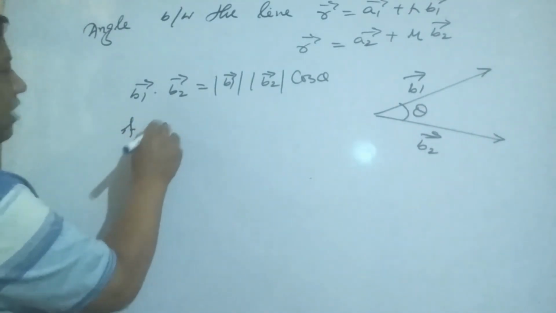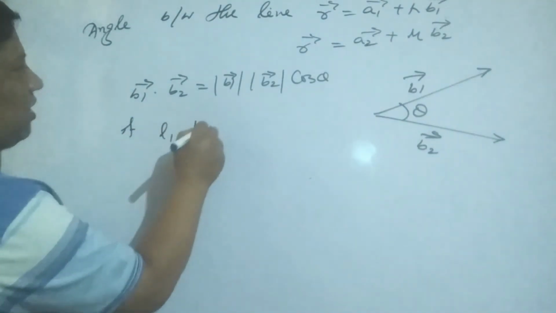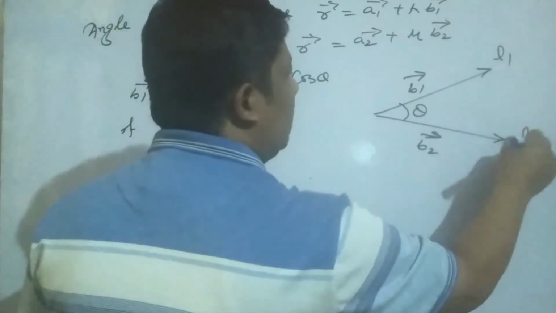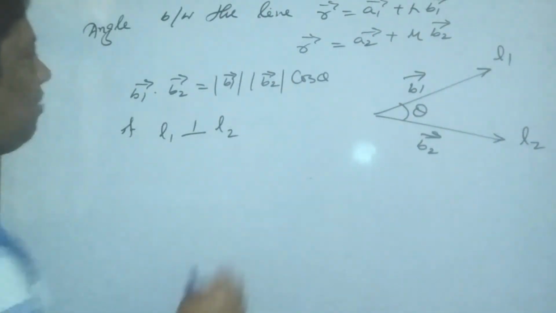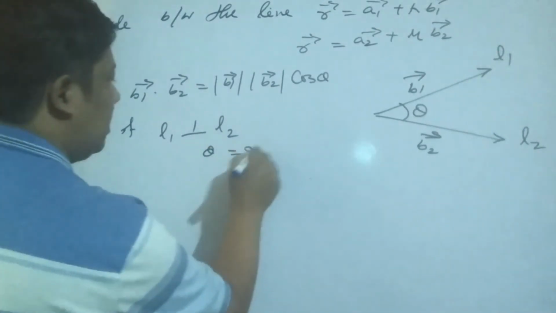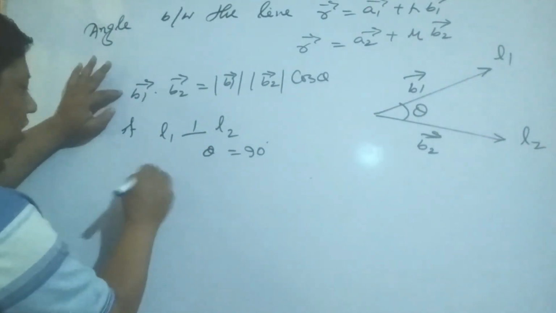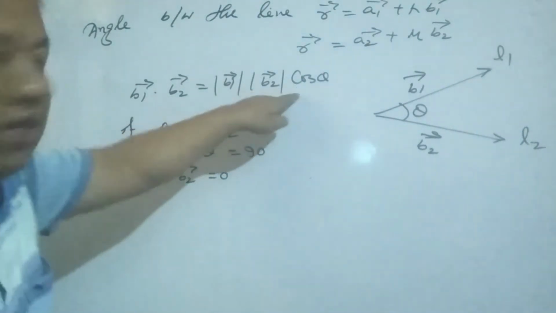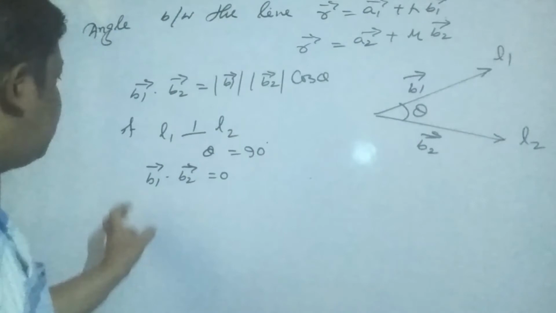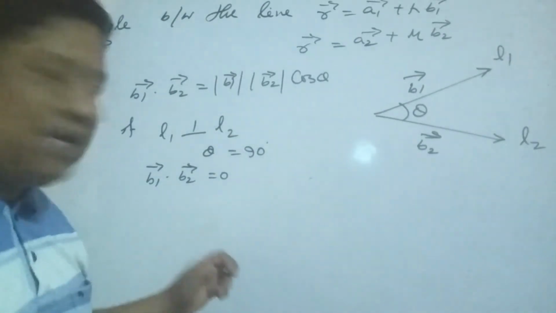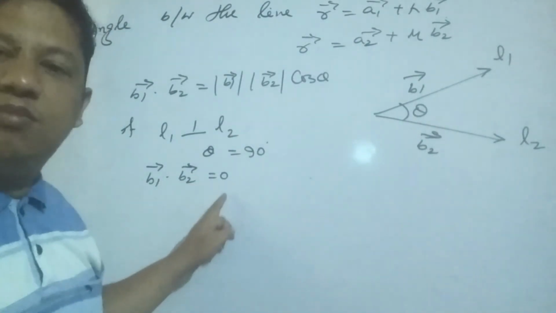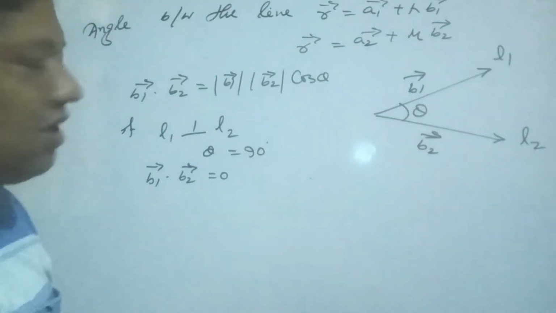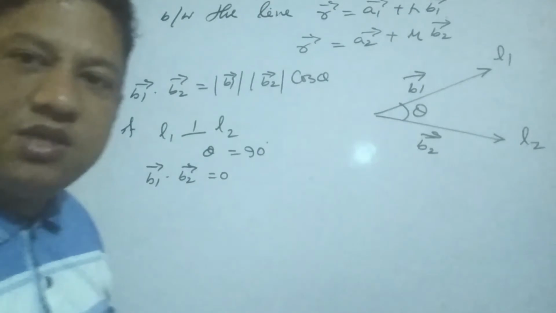If line 1 is perpendicular to line 2, then theta equal to 90 degrees. In these cases b1 dot b2 equal to how much? 0, because cos 90 equal to 0. That means if the 2 vectors or 2 lines are perpendicular, then the dot product equal to 0. So using this you can find whether the 2 lines are perpendicular or not.